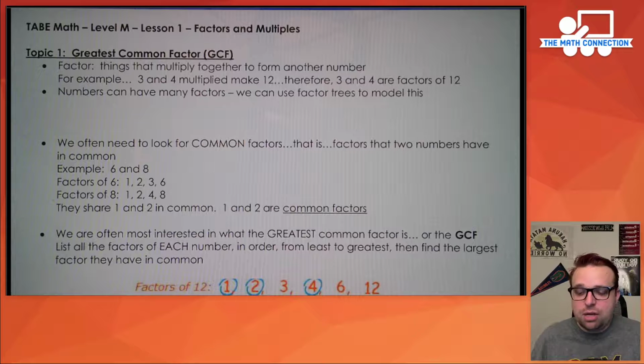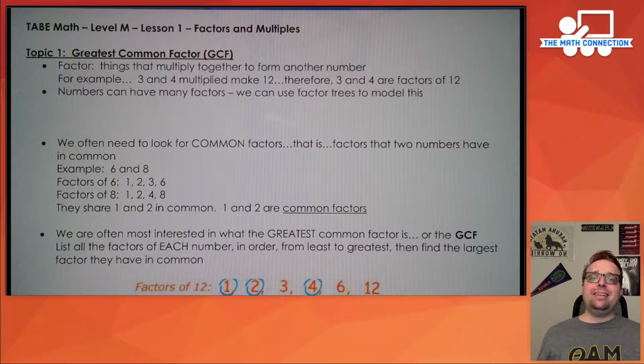The first thing we're going to talk about here is the greatest common factor. So first of all, what is a factor? In multiplication, a factor is just a number that when multiplied by another number gives a larger number. That's basically how multiplication works.